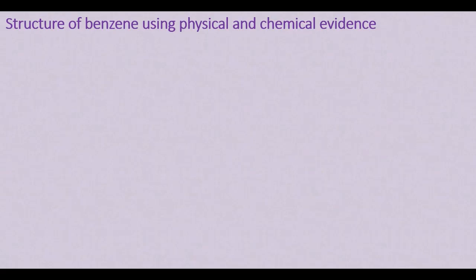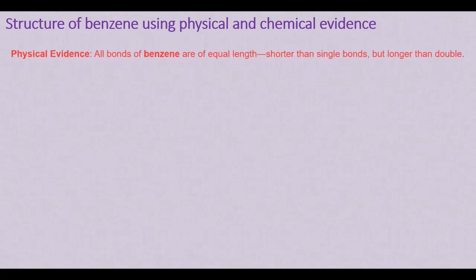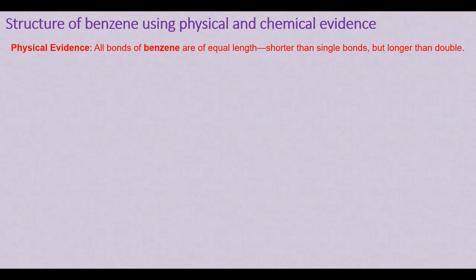Next is that part of the syllabus in which we are going to talk about the structure of benzene using some physical and chemical evidences. First of all, the physical evidence proves that all of the bonds in the benzene are of equal length. It does not matter which bond, or the bond between which carbon atoms, is being measured, with a value of 0.140 nanometer.